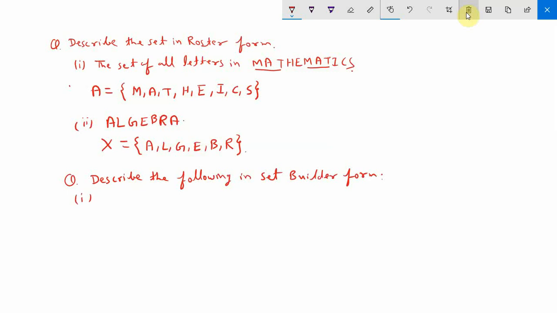First problem is the set of reciprocals of natural numbers. Set of reciprocals of natural numbers.